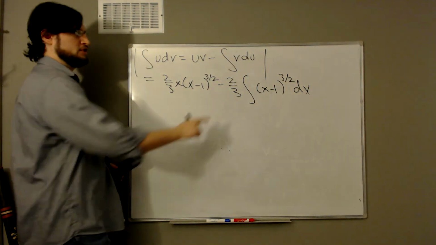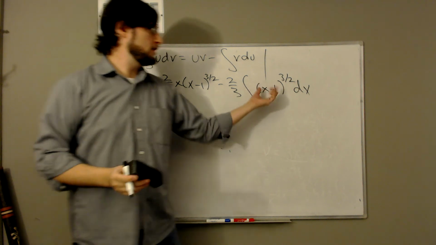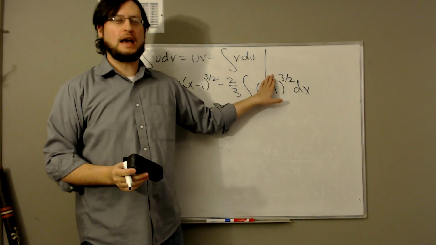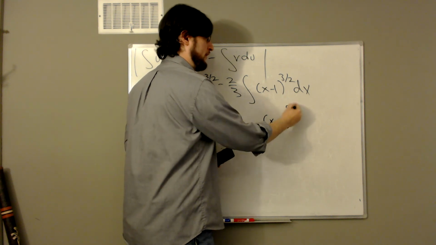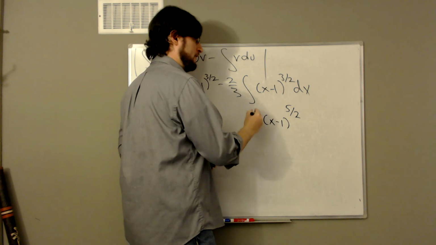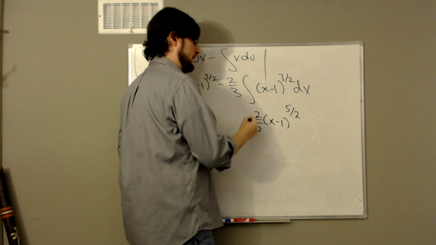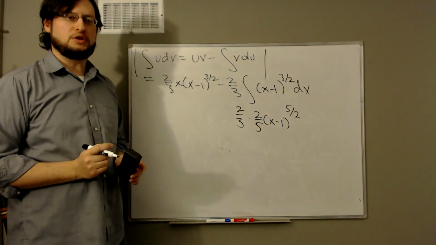And now we need to just integrate this, but again, that's not much different than what we just did a second ago. This is just like x to the 3/2, so the antiderivative is x minus 1 to the 5/2, exponent goes up by 1, divided by 5/2 is the same as multiply by 2/5, and we still have the 2/3.